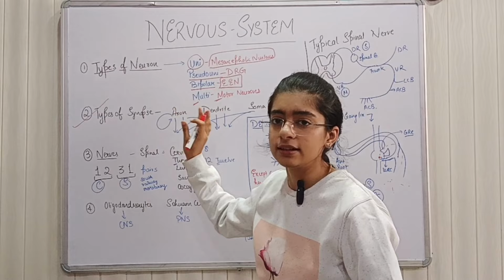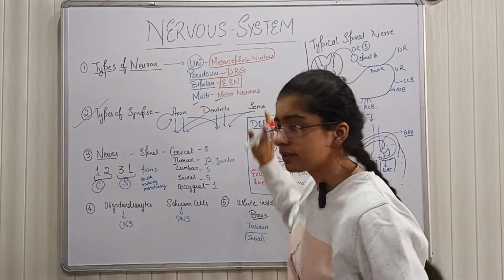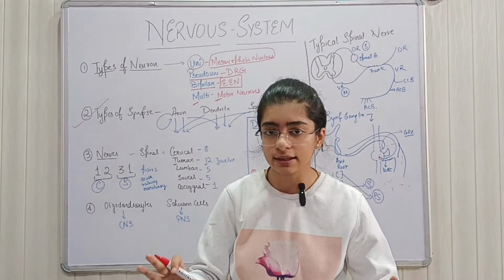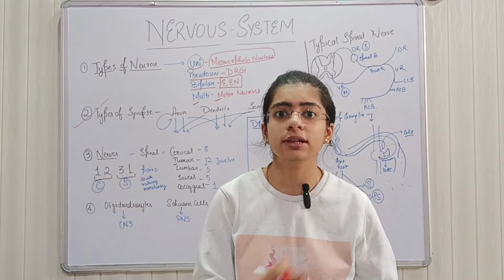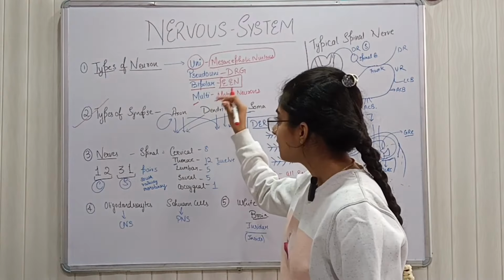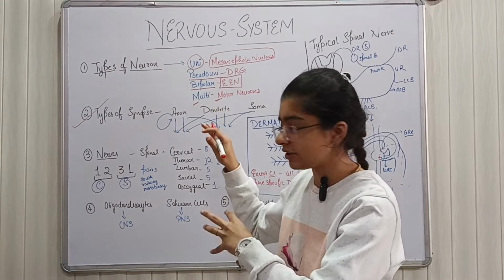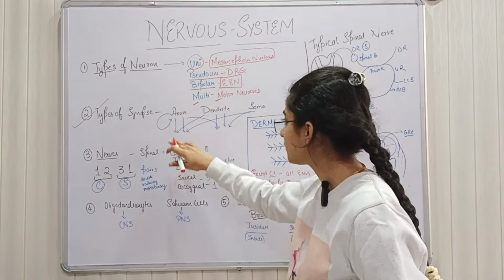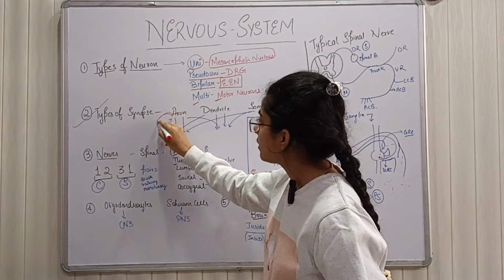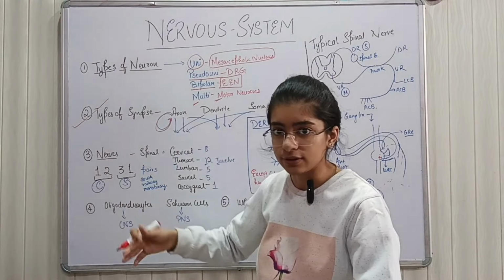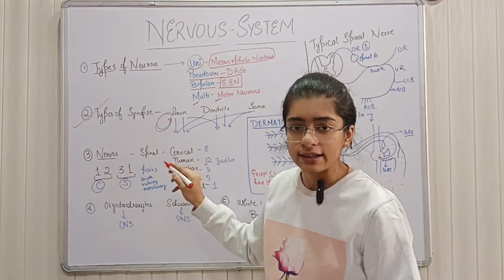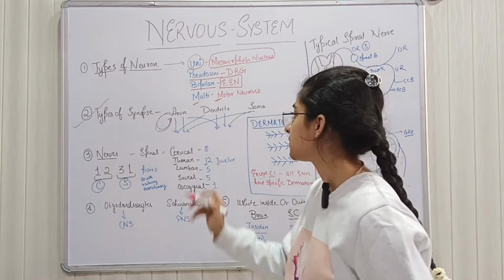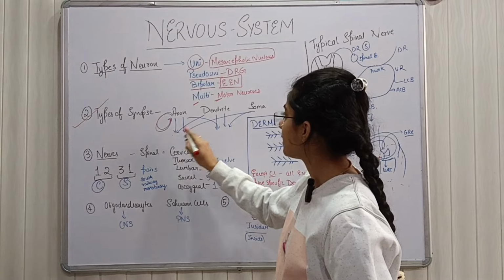Next is the type of synapses. In this we are having the axon, the dendrite and the soma. The main three things which have to make the synapse and which actually interact with each other. So if we make a permutation combination kind of thing, so if I do axonic synapse, then axodendritic synapse, axosomatic synapse.